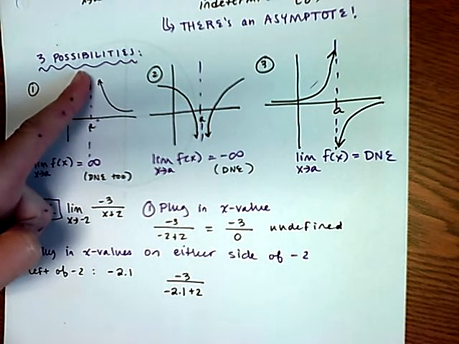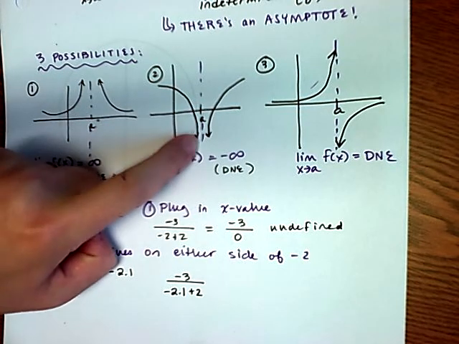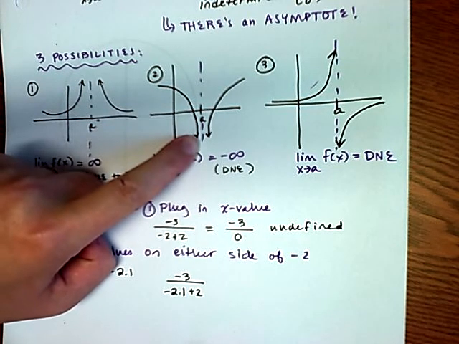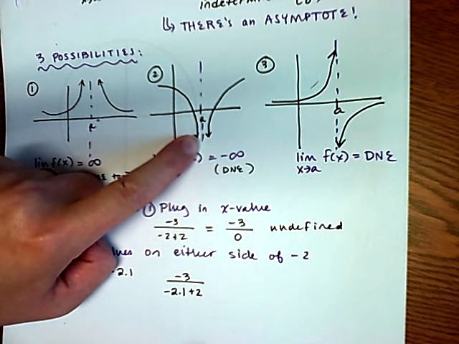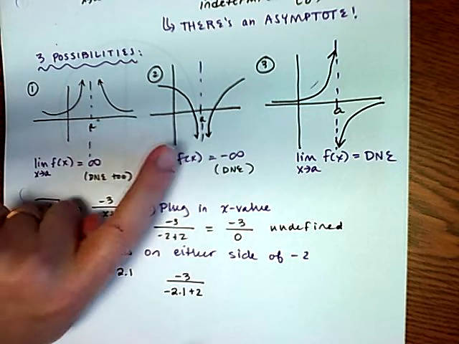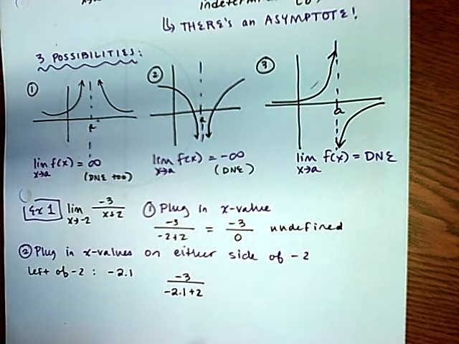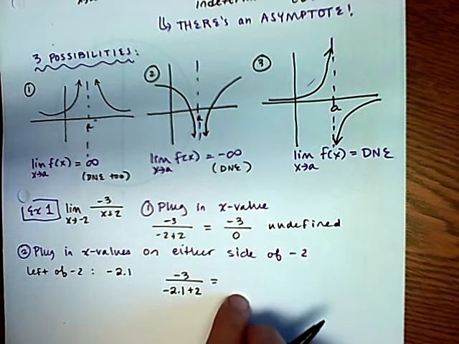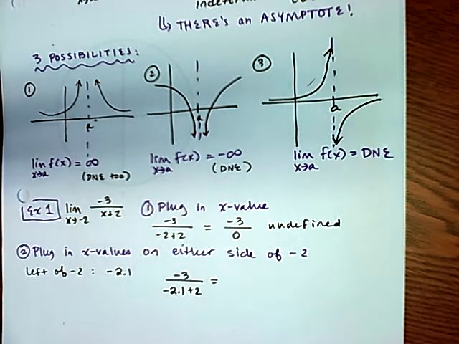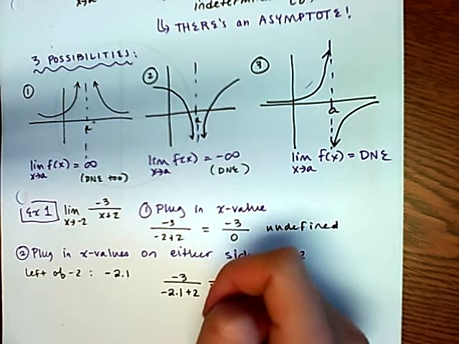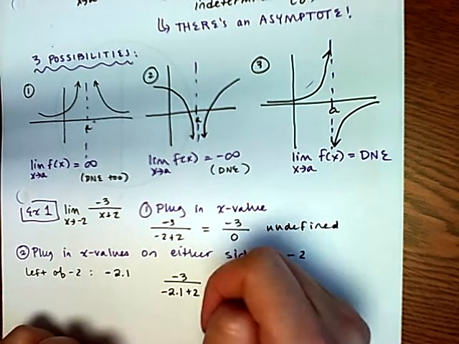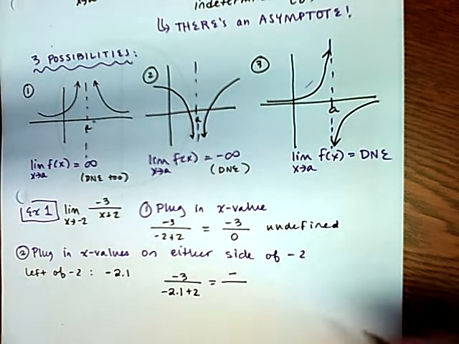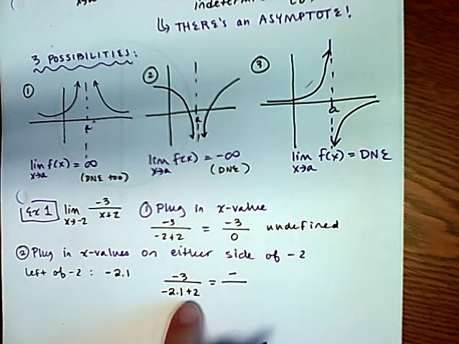If I get something negative, the asymptote is going down, because as long as I plug in something close enough to the asymptote, it should give me something positive or negative that correlates to positive or negative infinity. When I write my answer, I'm just going to put either a plus or a minus sign in the numerator and the denominator to keep track of my signs. My numerator is -3, that's definitely negative. And my denominator is -2.1 plus 2.